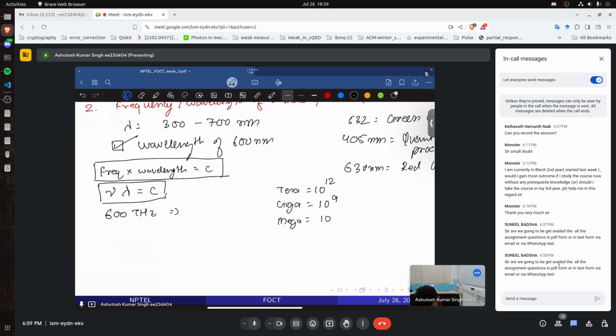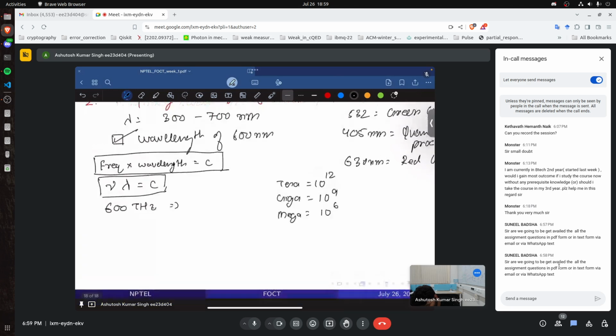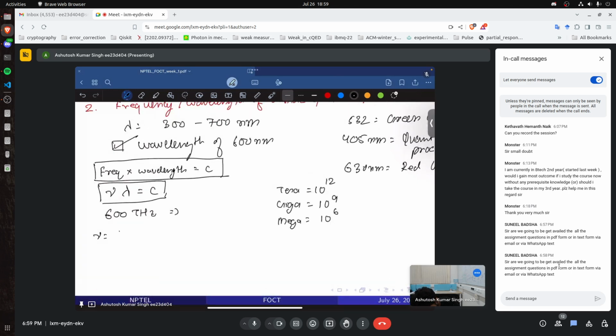Mega means 10 raised to the power 6. So I am given nu is equal to 600 terahertz. Because we have established that the wavelength 300 to 700 or 350 to 750 nanometers is the visible region, let's see if the 600 terahertz falls into that range. So the way we will do it is, we know nu lambda is equal to c, where c is the speed of light.